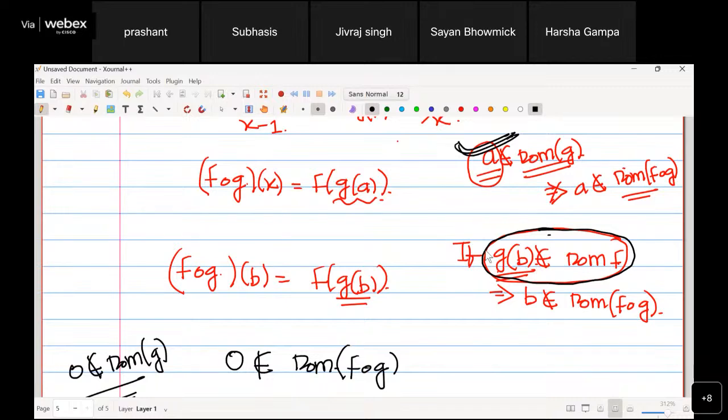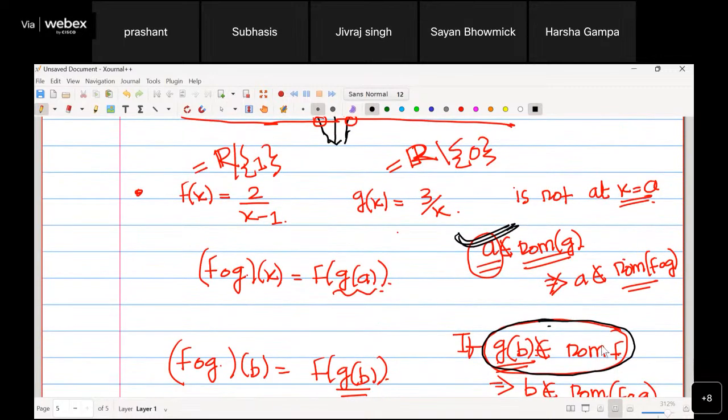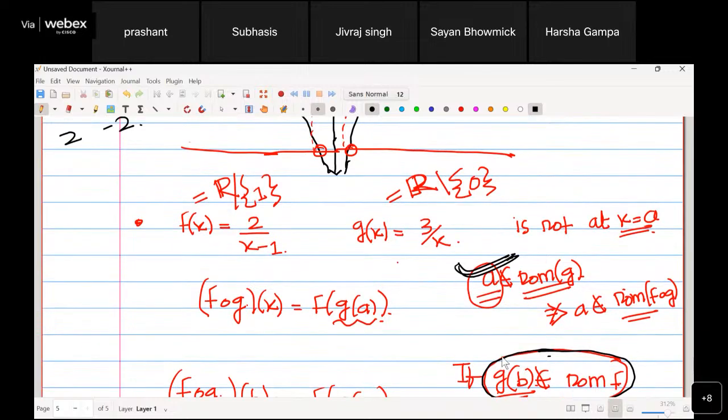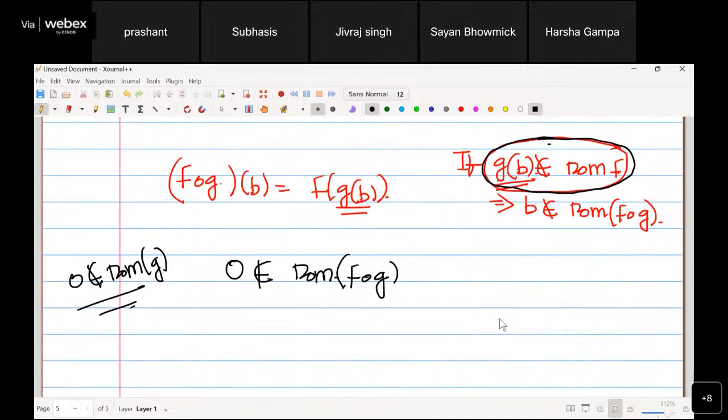Not in the domain of f means g of b is precisely 1, because 1 is the only value which is not in the domain of f. So I need to find the values for which g of b is 1, and exclude all those values.